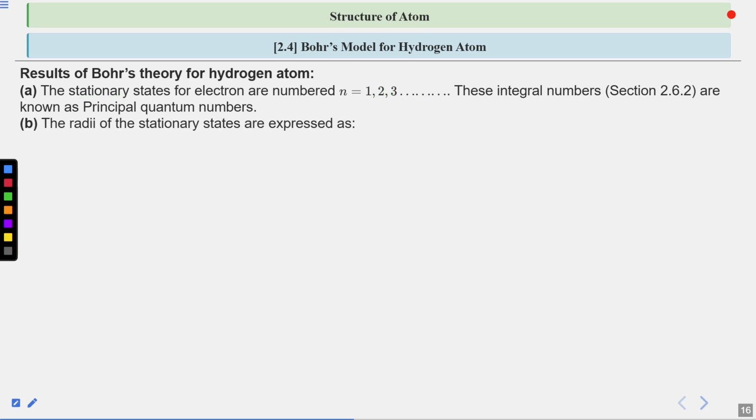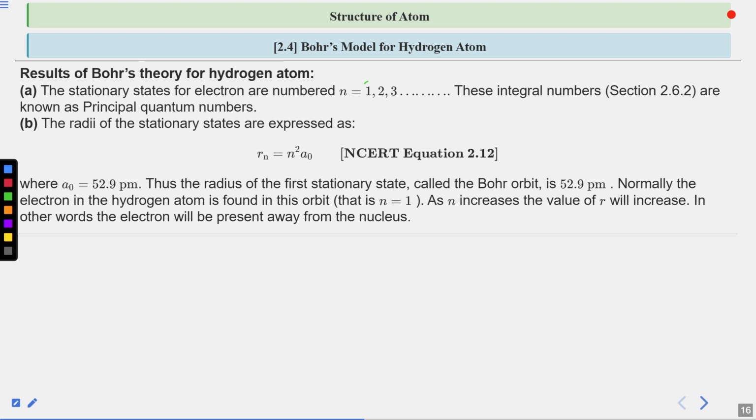Second thing, if you want to calculate the radii of each stationary state, you will use the formula Rn equal to n square a naught, where n is the number of the stationary state and a naught has a fixed value of 52.9 picometer. So it is very obvious, as we go on increasing the value of principal quantum number, the radius will increase continuously.